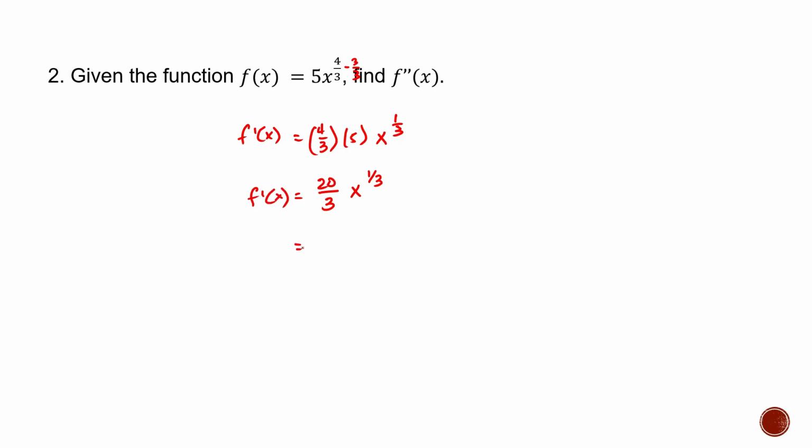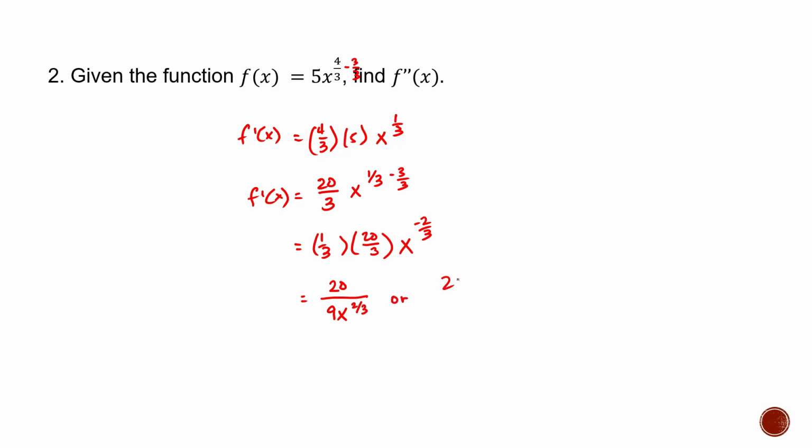Now let's go find the second derivative. So that's 1/3 times 20 over 3 x. So 1/3 minus 3 over 3, which is negative 2/3. So now we have 20 over 9x raised to negative 2/3, or if we want to put that in the denominator, or we want to make the exponent positive, this will be 20 over 9x raised to 2/3.